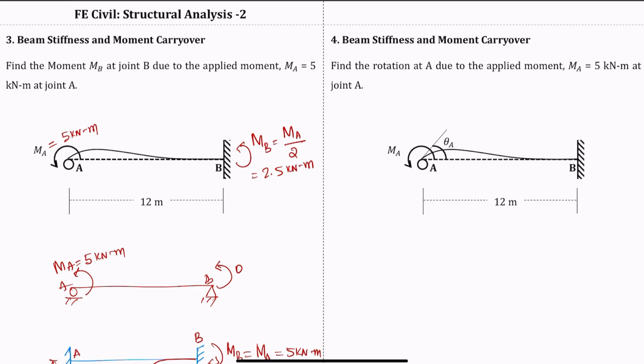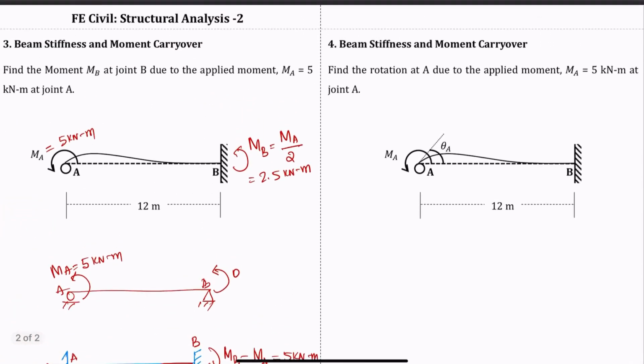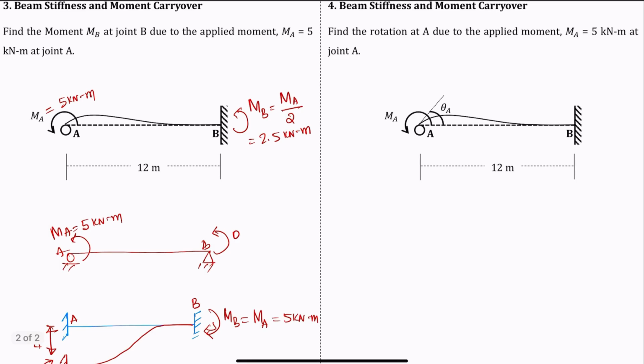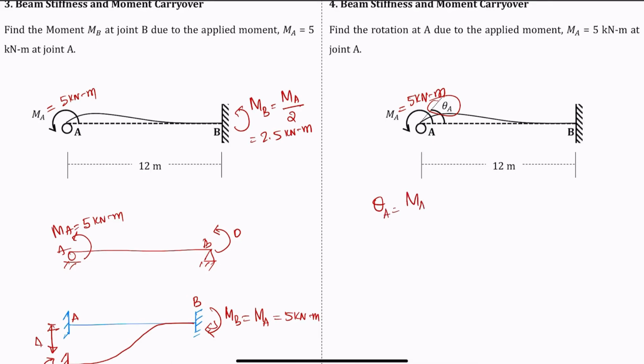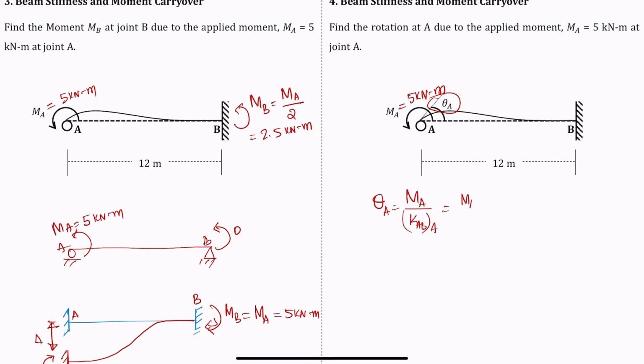Okay. And now another question that you can expect is, if I apply a moment equal to 5 kilonewton meter, how much of this moment will rotate at end A, or at joint A? For this, we know that theta A is equal to MA over KAB, and that will be equal to MA L over 4 EI.